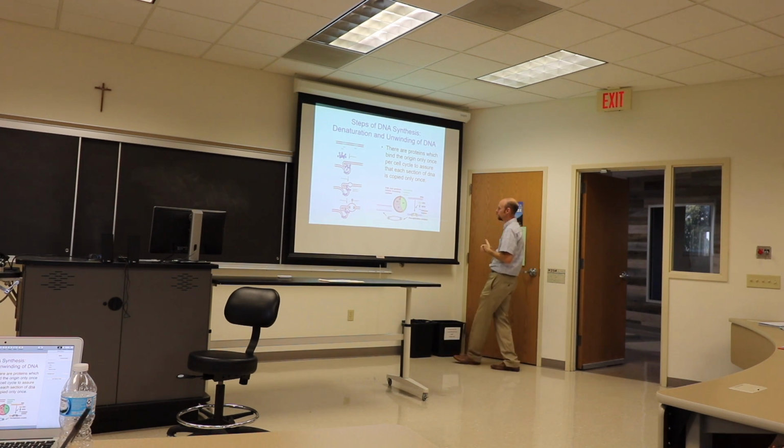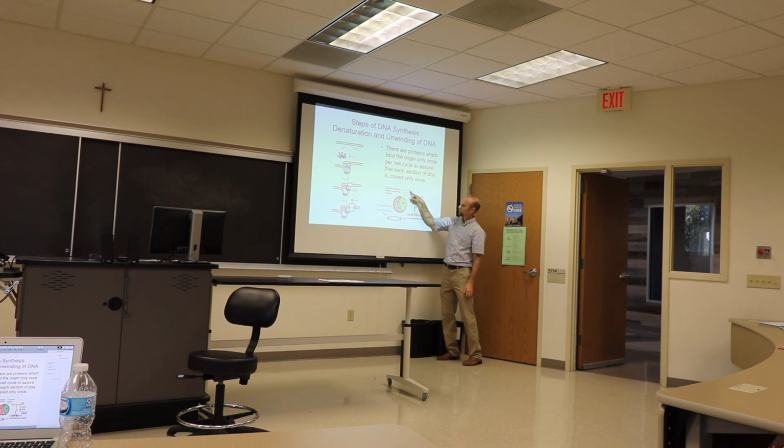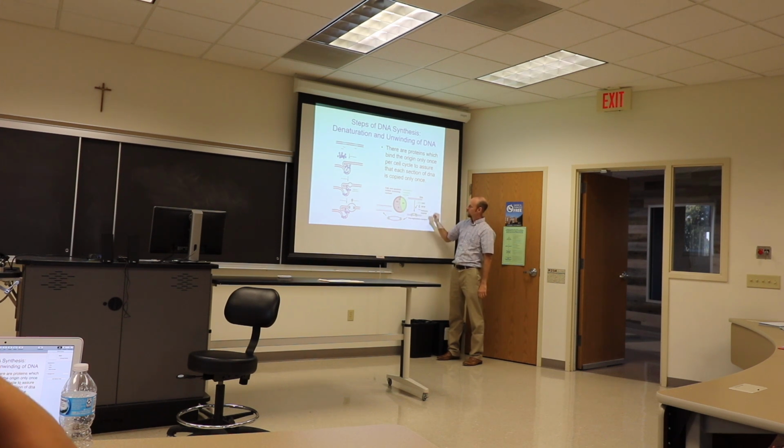And that's what this is showing you up here: there is a whole host of proteins whose only job is basically a licensing of the DNA, saying, we license this part to be replicated, and once that license is used, it doesn't come back on again until you go all the way through the cycle again. So this licensing system becomes active in G1, and there's a host of protein complexes that begin to load onto the DNA.